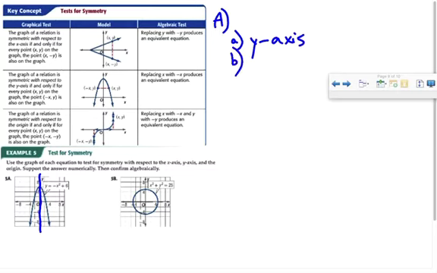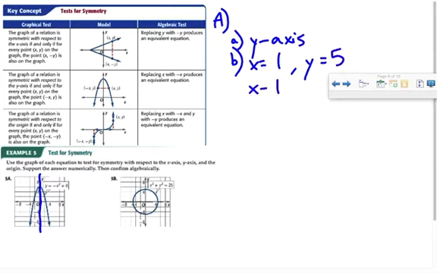And then it wants us to support that numerically, and what they mean by that is take an x value, plug it in, and then compare it to the negative of that x value. So here's what I mean. Let's say I plug in x equals 1. If x equals 1, then what does y equal? y would equal -1 plus 6, which is 5.